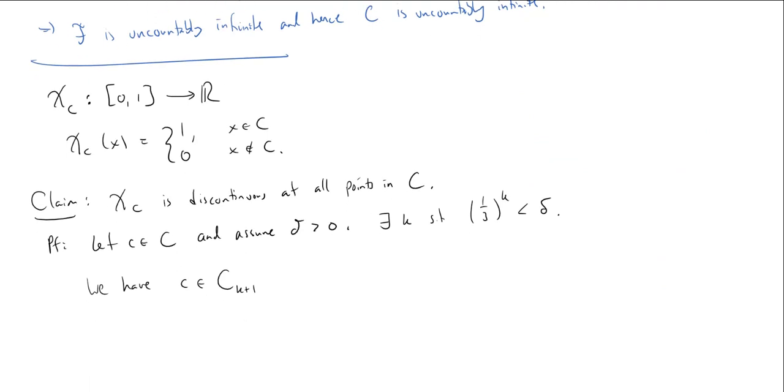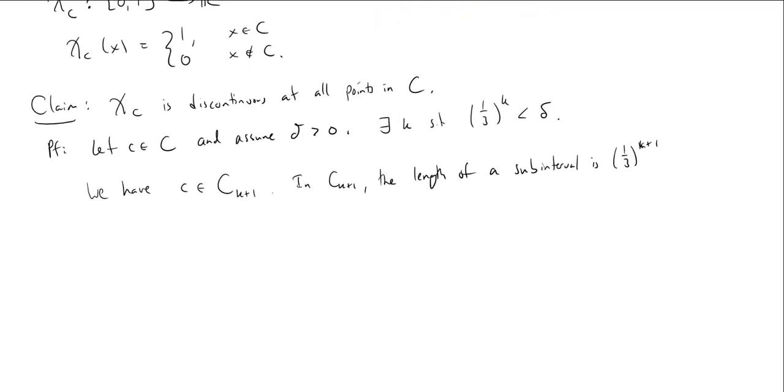So this tells me, in C_{k+1}, the length of a subinterval is 1/3 to the k+1. All right, so what if I start from this point c and I build a c-coin of radius 1/3 to the k?